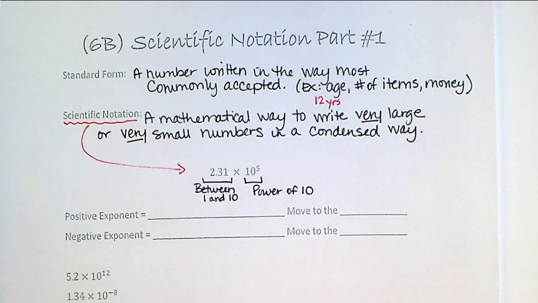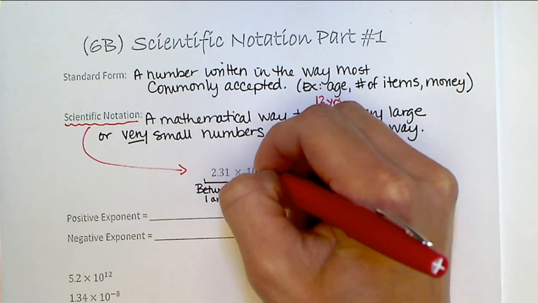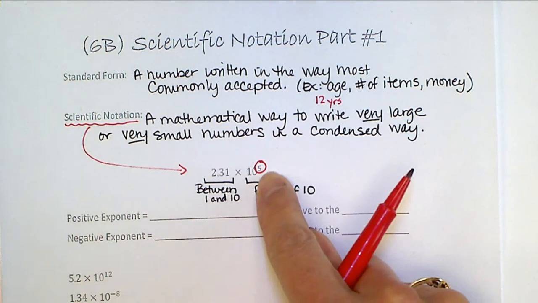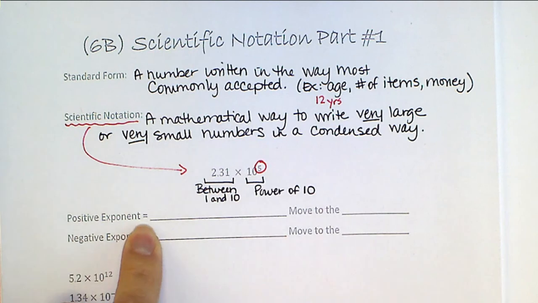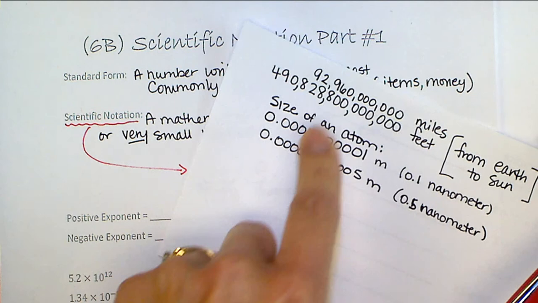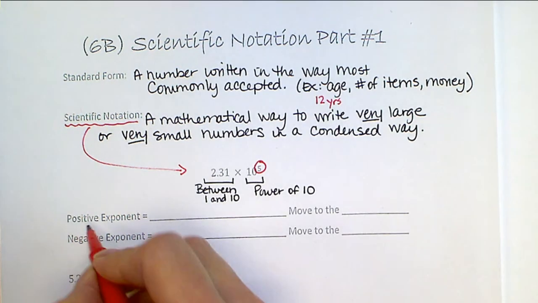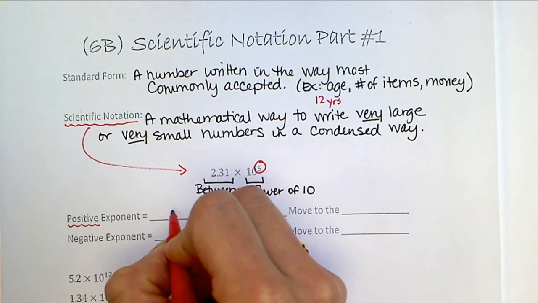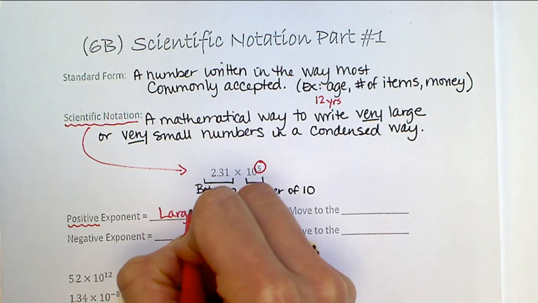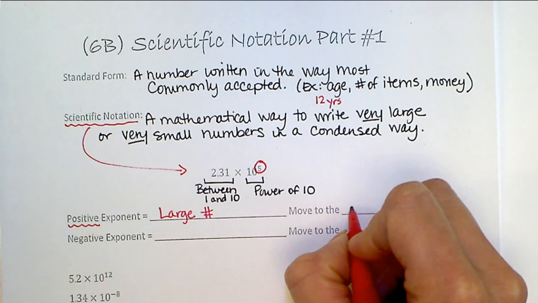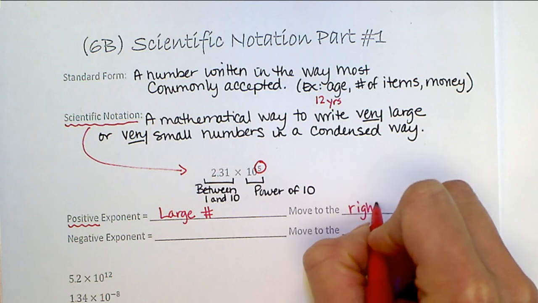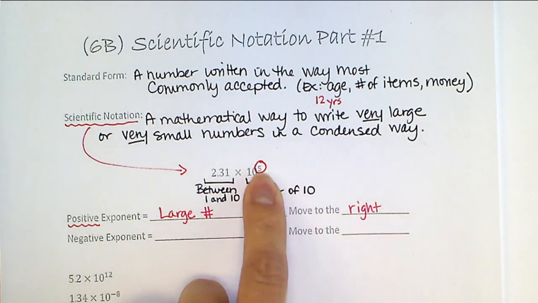Now, if this exponent is a positive exponent, you're going to have a very large number, like traveling from the Earth to the Sun, and you're going to move to the right. If I see a positive 5, it means I'm going to move 5 to the right.